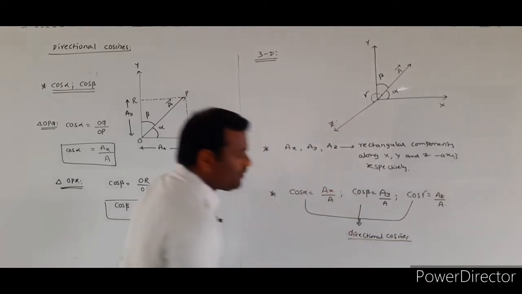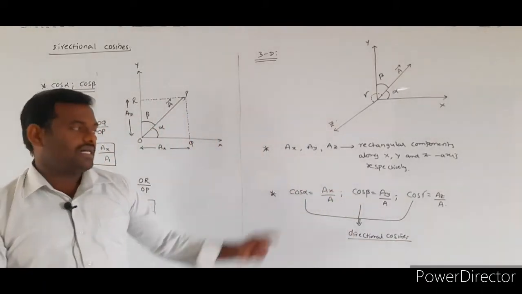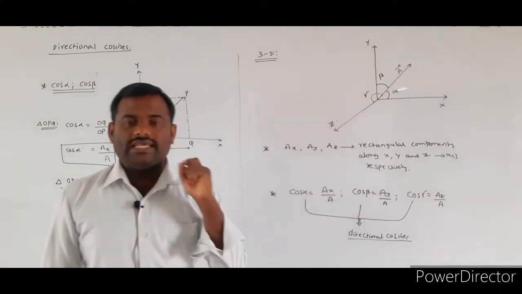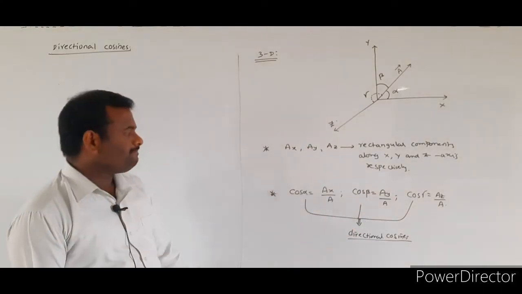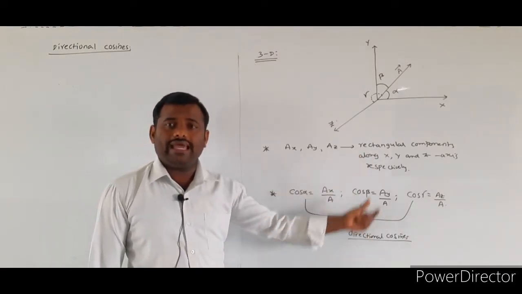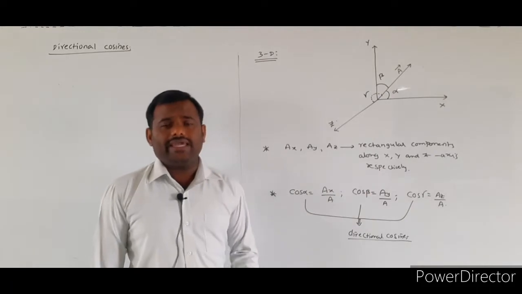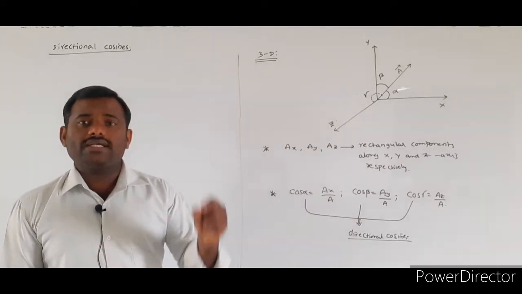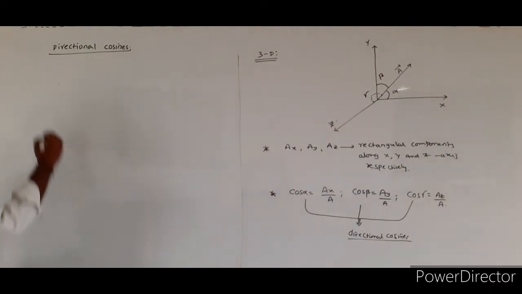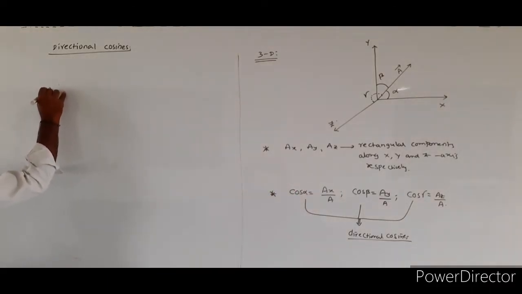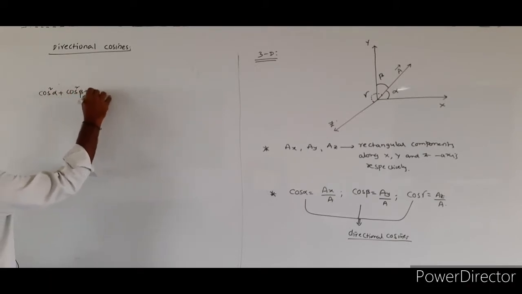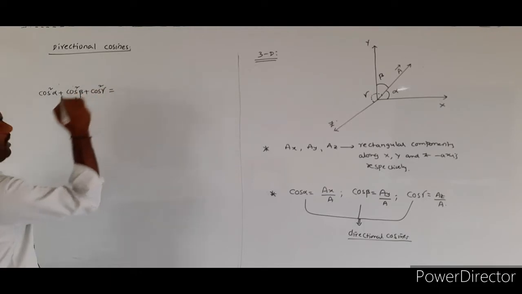Cos alpha is equal to Ax by A, cos beta is equal to Ay by A, and cos gamma is equal to Az by A, and these are called directional cosines. Now I want to calculate the value of cos square alpha plus cos square beta plus cos square gamma.